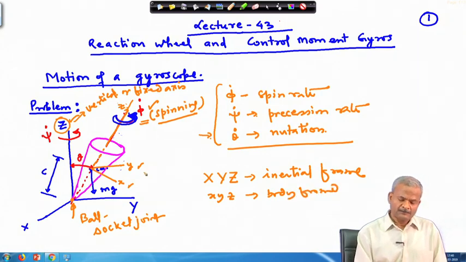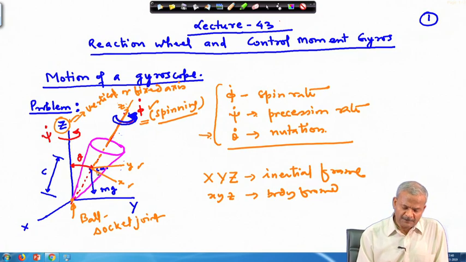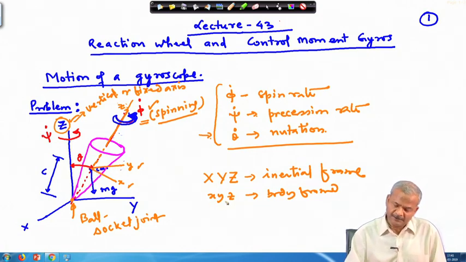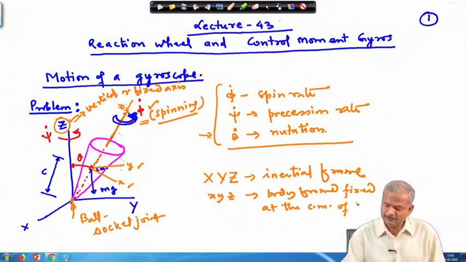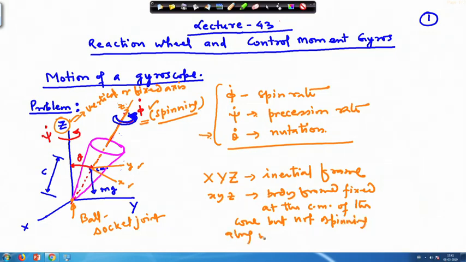This is fixed to the body, fixed at the center of mass of the cone, but not spinning along with the cone.